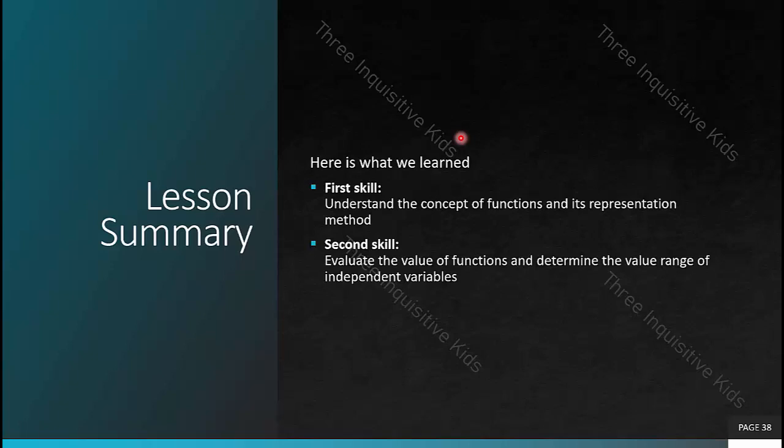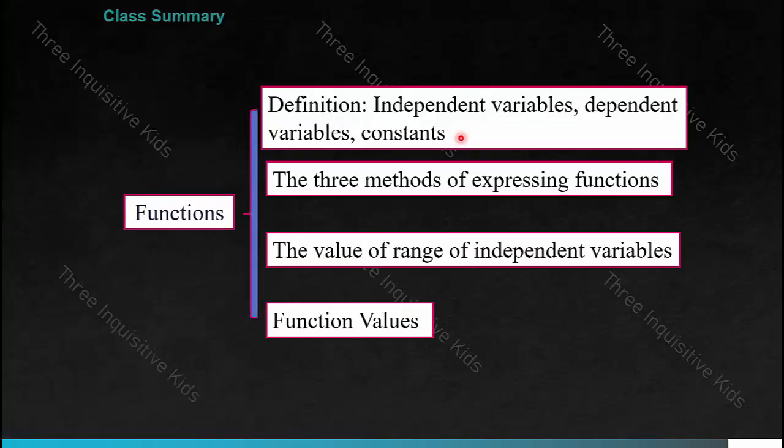These are the two important skills that we learned today. Functions is a very important topic that we are going to be building off of as we go into this unit. So this lesson is very important foundationally for the rest of this unit, as well as the rest of your mathematical career.